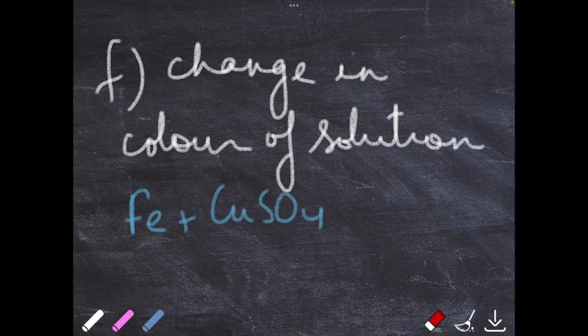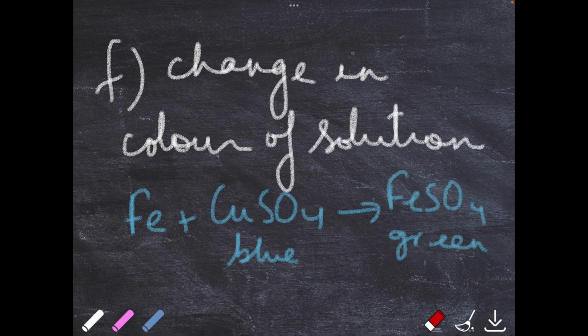Now, copper sulfate solution is blue in color. It gives you FeSO4, which is green in color, plus Cu. So it's a displacement reaction in which the blue colored copper sulfate solution changes to green colored ferrous sulfate solution. So if there is change in color of solution, that means a chemical reaction has taken place.